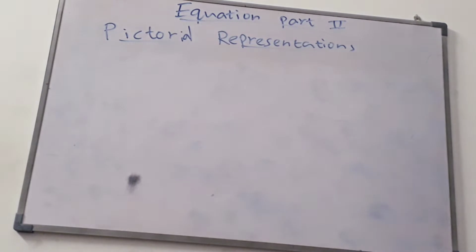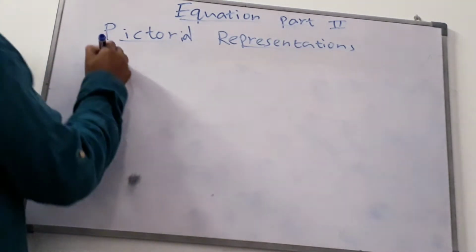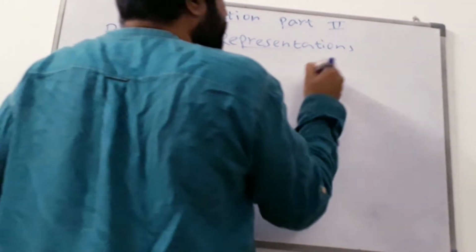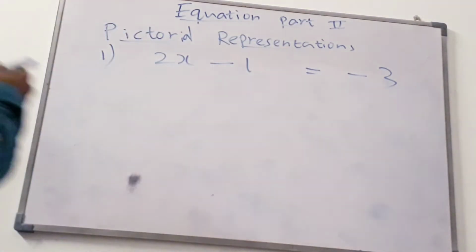Okay, our first sum is 2x minus 1 equals minus 3.